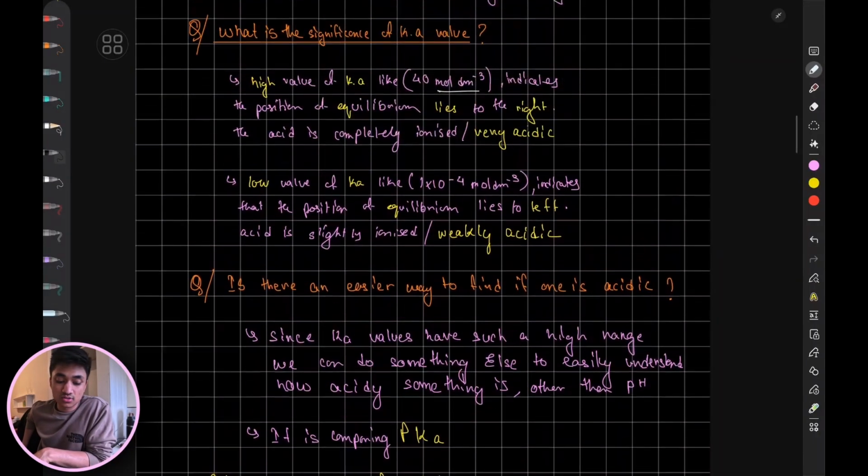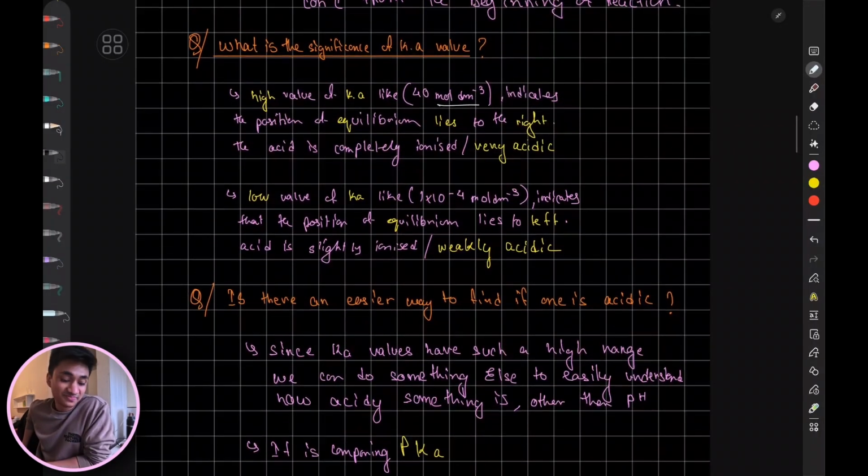Why do I ask this question to you guys? The reason is, the way pH works is it is scaled between 1 to 14 and it's easier to understand. If looking at Ka, I don't know what the reference point is, so we're basically trying to do a similar thing we do to pH.